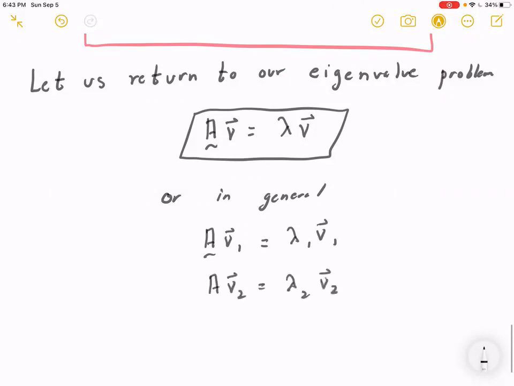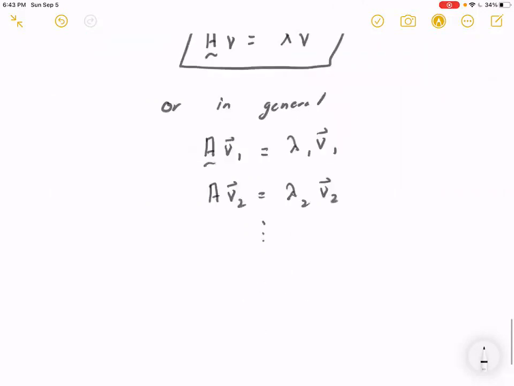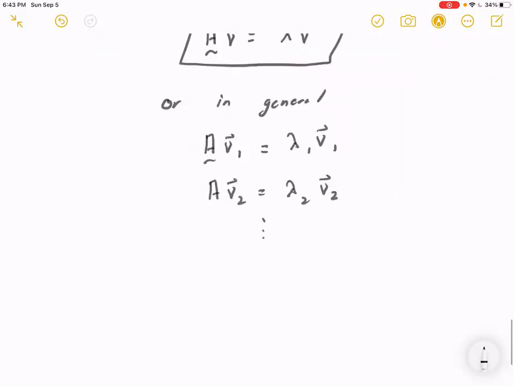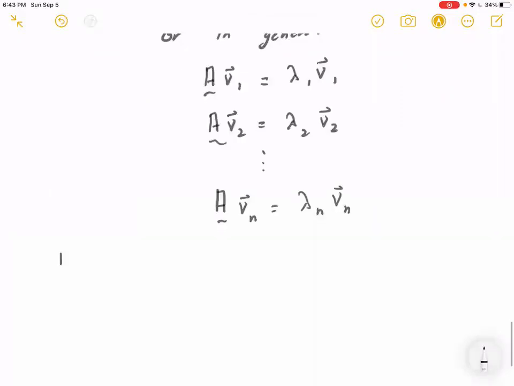This process goes on for n eigenvectors and eigenvalues. Linear algebra is the art of simplification. One of the things we want to do in linear algebra is make our life simple.